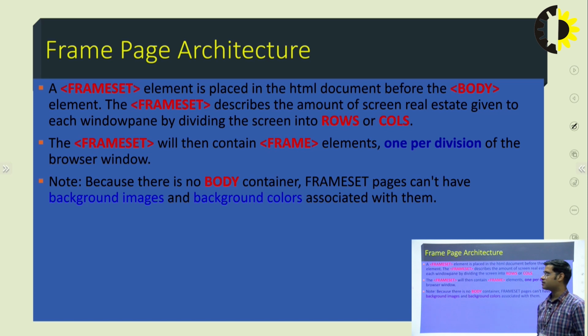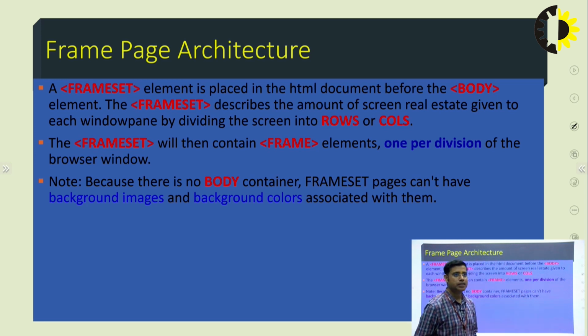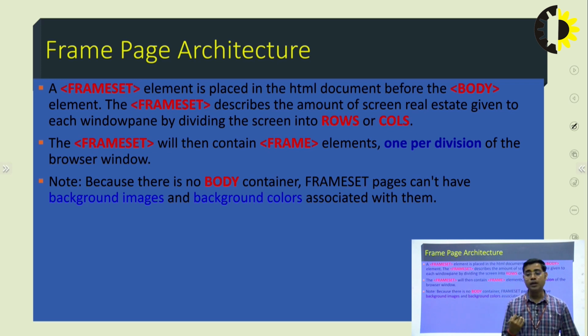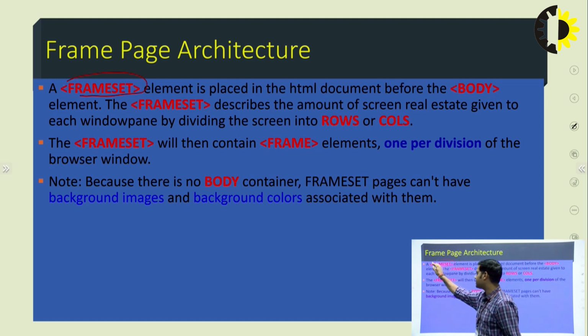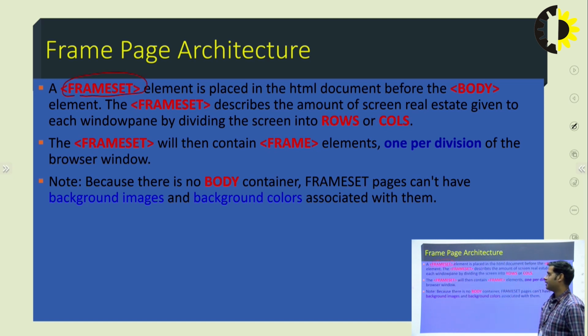Then we have to discuss the frame page architecture. For developing the frame architecture, we have to understand the different types of HTML elements through which we can develop the frame. The first frame element is called the frameset element.